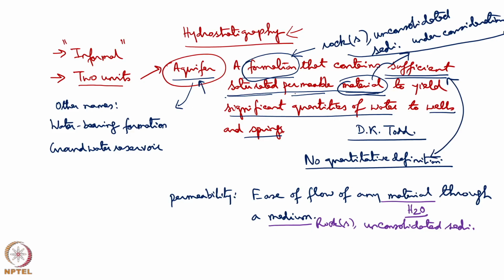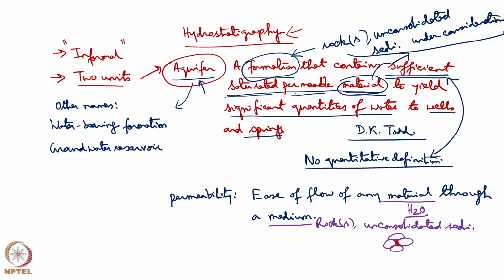What is the meaning of pore space? In clastic sedimentary rock, there can be several grains and there can be space inside. This is the pore space. It can be devoid of water, partially filled with water, or completely filled up, what is called saturated with water. Saturated means mostly filled up.